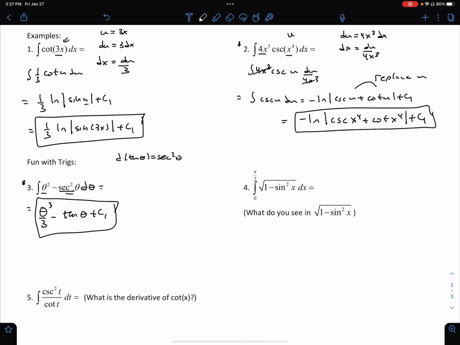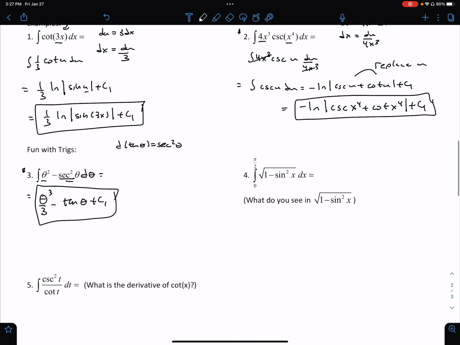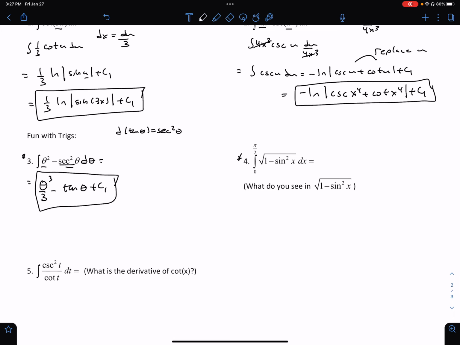Be careful, not everything is going to be natural log. Number 4 is a really good one. This one pops up every once in a while on the AP exam. So let's take a look here. It's asked us to integrate the square root of 1 minus sine squared. I don't know this one right here, but what do I notice when I see this 1 minus sine squared? Anytime I see a trig function squared, I think Pythagorean.